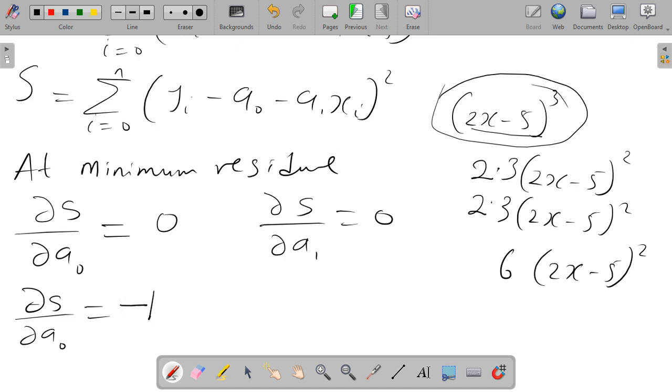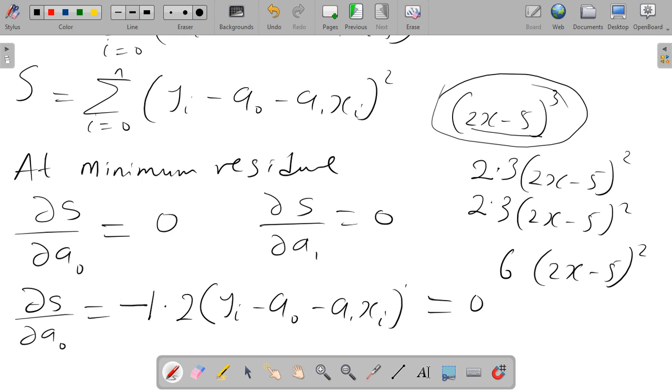Like I said, differentiating something that has raised power 2 will give you multiply by 2 into, you repeat it, yi minus a naught minus a1 xi, all raised power 2 minus 1, which will give you just 1. Or you just ignore it, because differentiation simply means multiply by the power and remove 1 from the power. You understand? Don't forget, this is equal to 0, because we said that the partial derivative of it will give you 0.